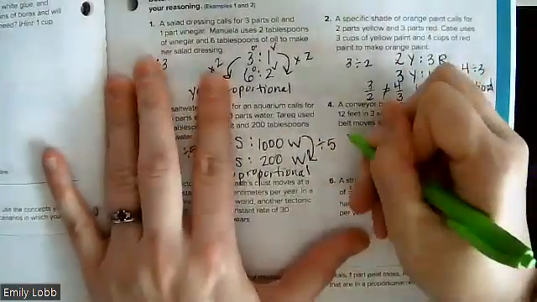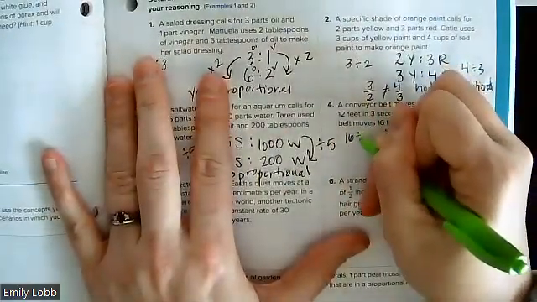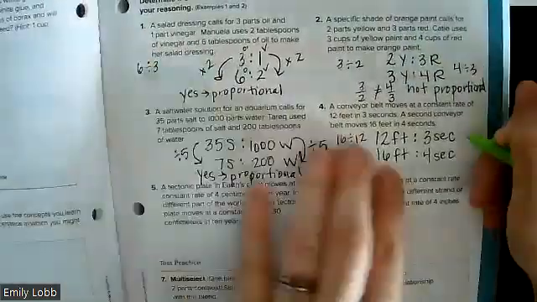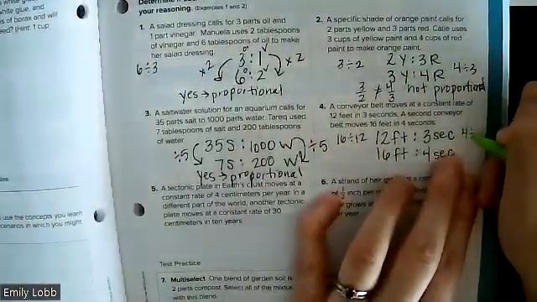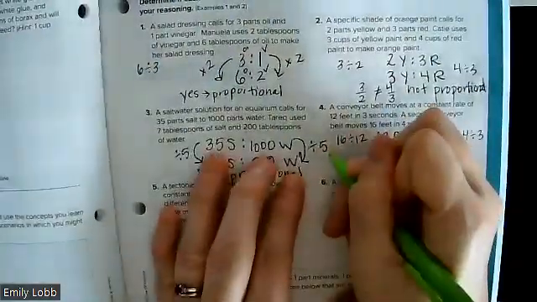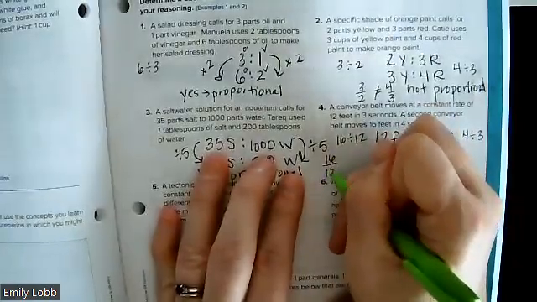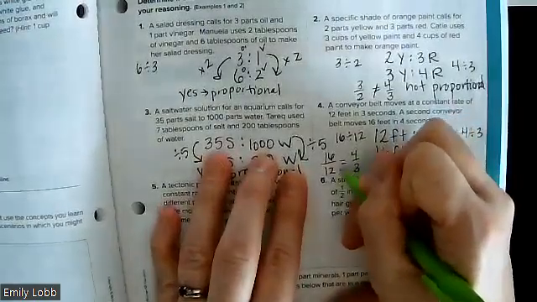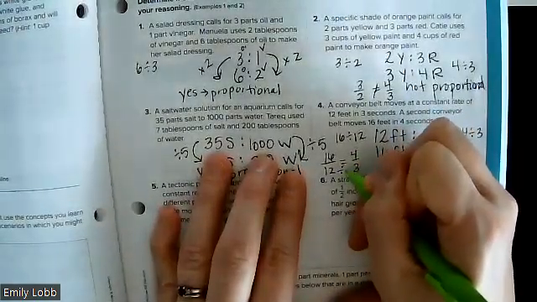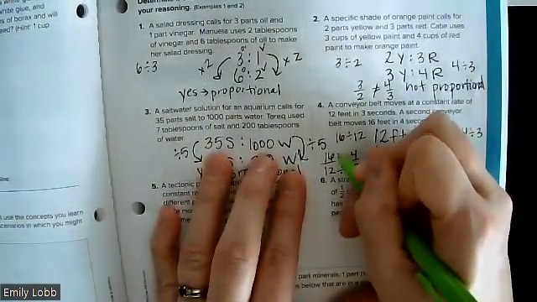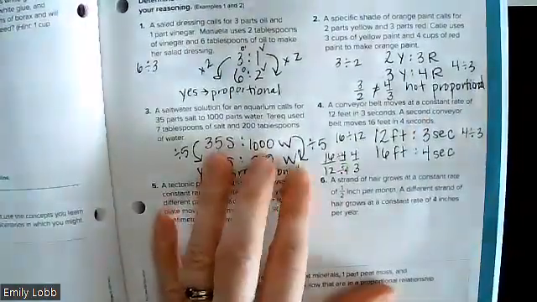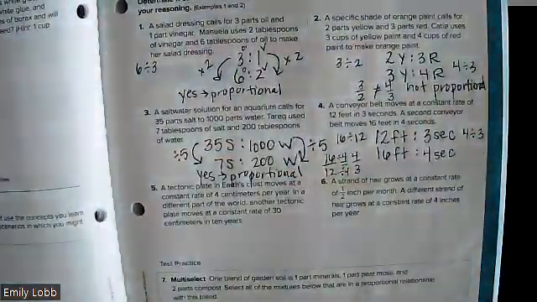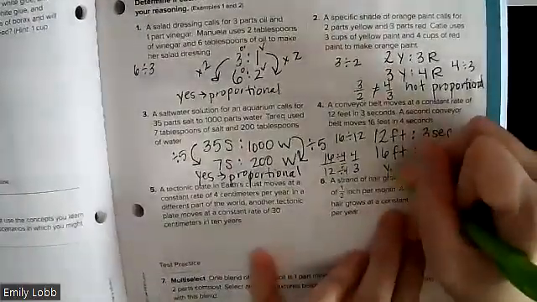To check it, guys, we could say 16 divided by 12 and 4 divided by 3. Well, guess what? 16 twelfths is equal to 4 thirds, right? Both of these are divided by 4. So yes, this is proportional.